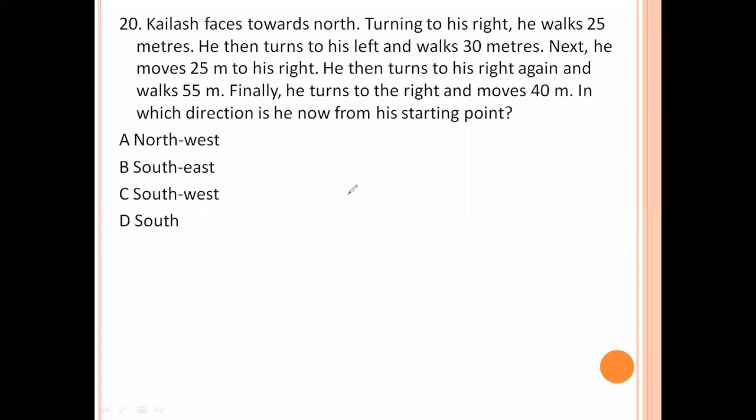Kailash faces towards north. Turning to his right, he walks 25 meters. He then turns to his left and walks 30 meters. Next, he moves 25 meters to his right. He then turns to his right again and walks 55 meters.